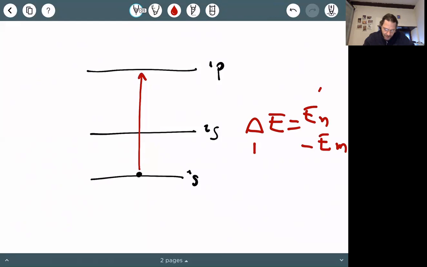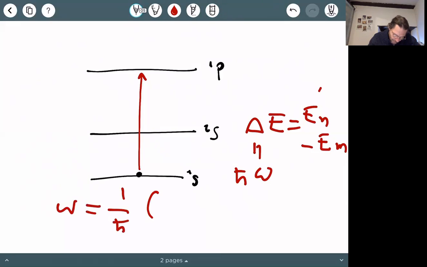And since the energy is delivered by the photon, since the energy of a photon is related to its frequency by the usual photon relationship, it means that only certain frequencies can be absorbed.